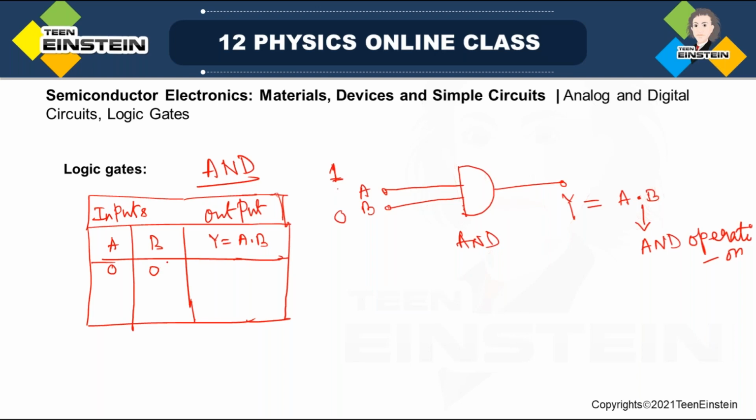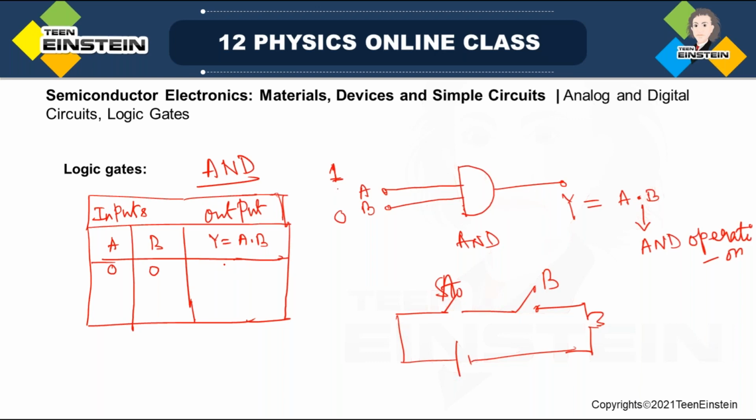That means both the switches are open. If both the switches are open, then what will happen? The bulb will not glow. If you remember, they are in series like this. If both the switches are open, then this bulb will not glow, isn't it? S1 and S2, or A and B. If both are open, that means both are 0, then the bulb will not glow.